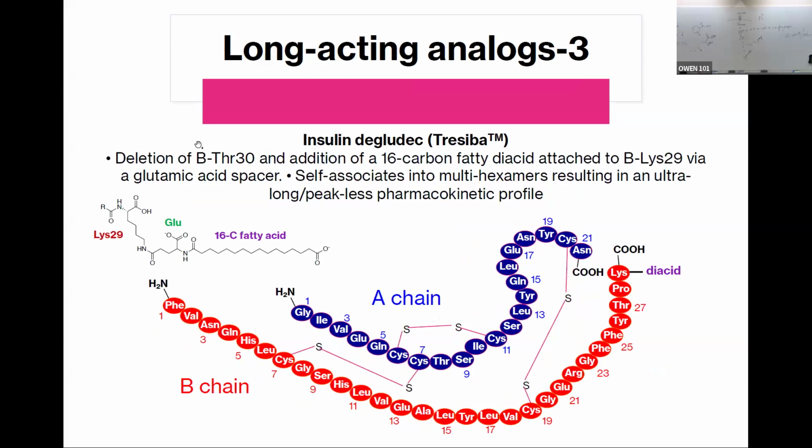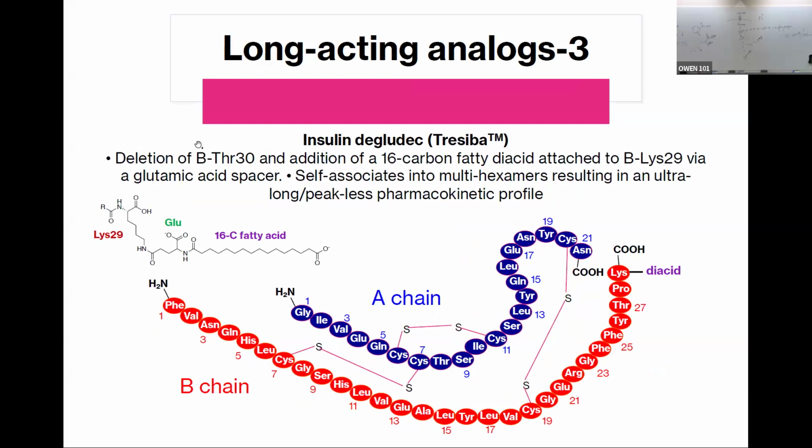Another example is called insulin degludec, or Tresiba. This is the same concept. They put a diacid. This is called diacid here because you have a carboxylic acid here, you have a carboxylic acid here. But the concept is pretty much the same.